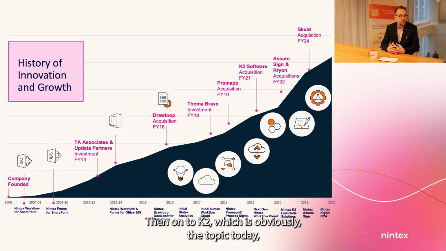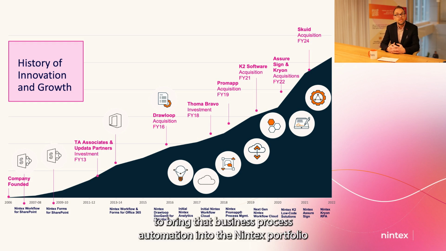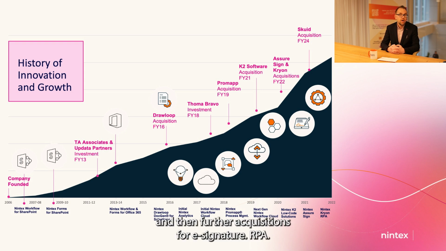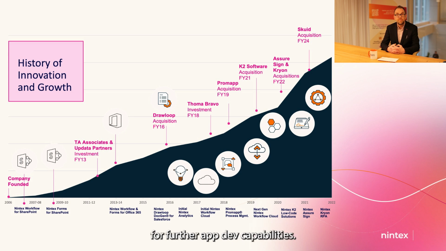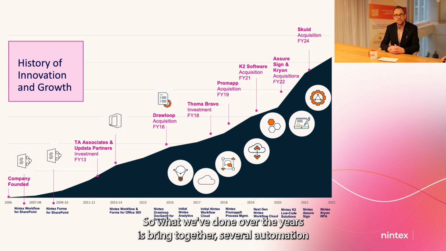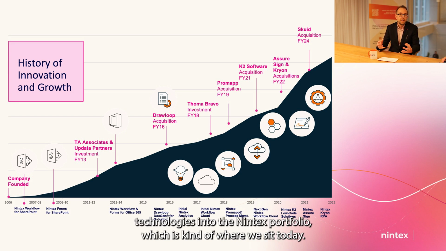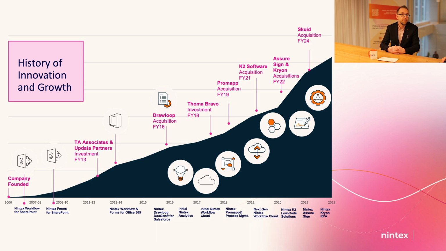Then on to K2, which is obviously the topic today, to bring that business process automation into the Nintex portfolio, and then further acquisitions for e-signature, RPA, and 12 months ago, the acquisition of Squid for further app dev capabilities. So what we've done over the years is bring together several automation technologies into the Nintex portfolio, which is where we sit today.